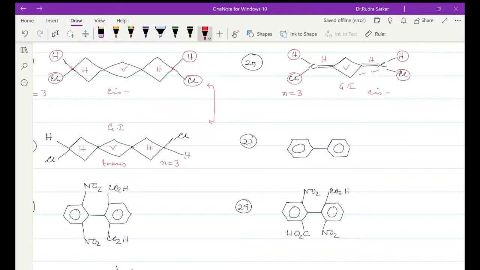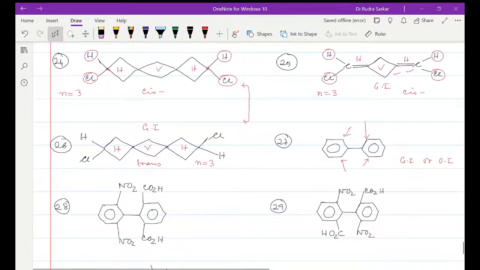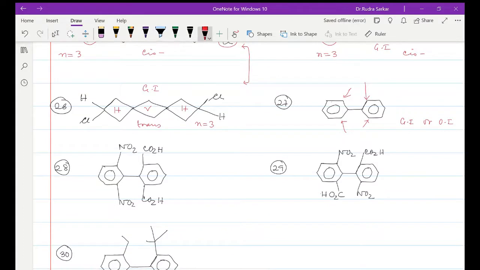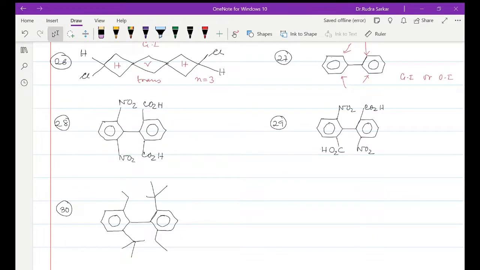Well, biphenyl is neither going to show GI or OI because there are no bulky groups joined at these carbons. However, we can see bulky groups being joined in this molecule 28.